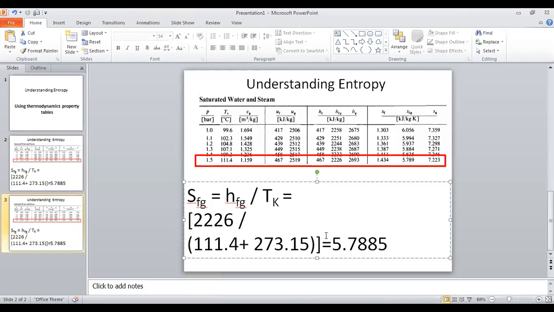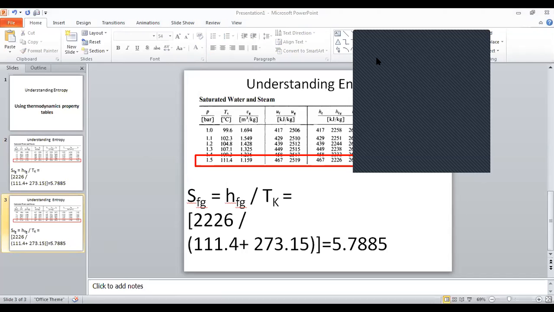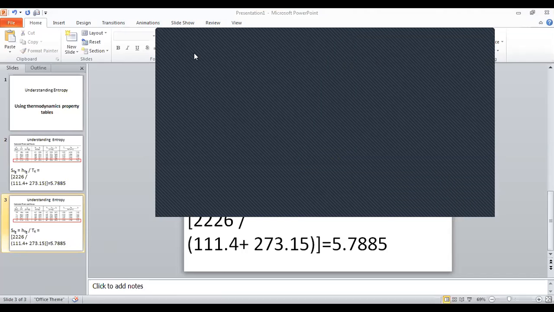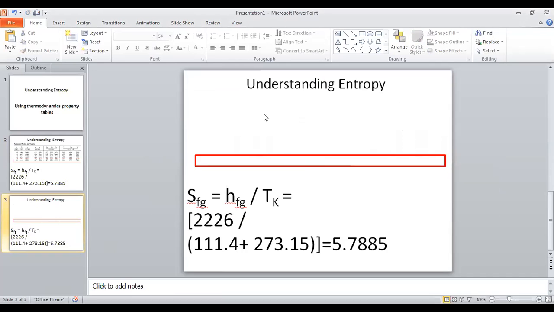So let's say in this experiment, the constant pressure experiment, how are you going to conduct this? We have to understand that first.